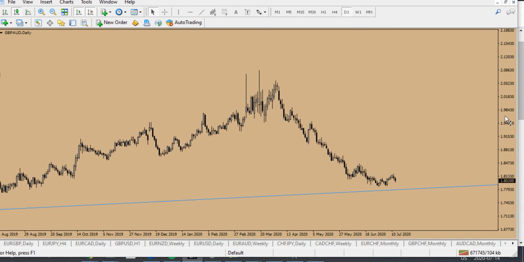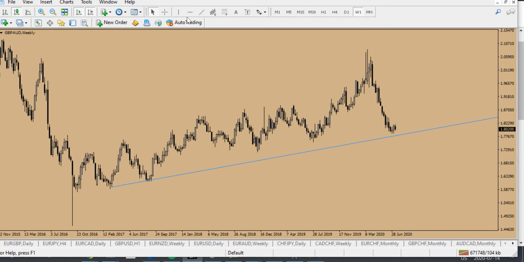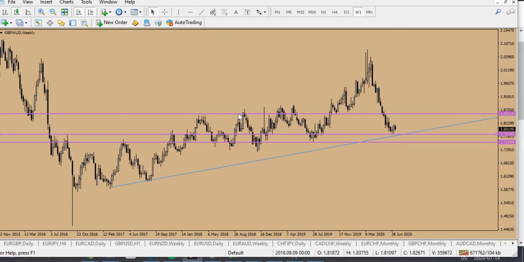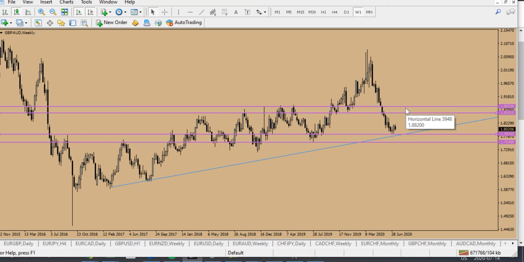If it retests and drops, focus on that support level. Re-enter there. You can go for a buy again, and then at that level, you should be taking a lot of your profits, or most of your profits. But that's an area to look at.